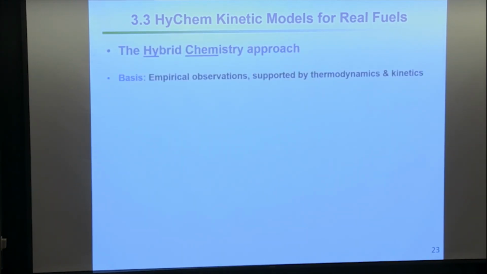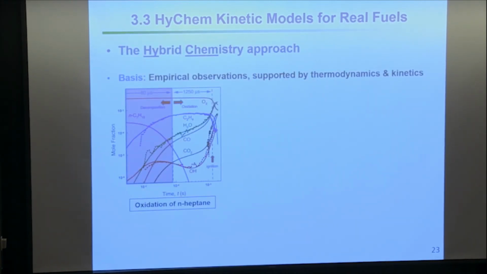So we got the Hi-Chem approach, and this picture is what led Hai Wang to think about this. We showed him that we could measure multiple species versus time, and this was heptane, I think. When you looked at it, you could kind of separate it into 2 time zones. It's logarithmic there. So in fact, a lot of stuff happens at short times.